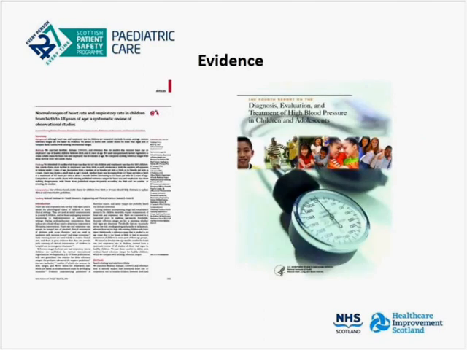We obviously need to go back to the literature, and we looked at a lot of literature. A couple of the examples would be from the Lancet in 2011 and Susanna Fleming et al., who produced a systematic review of observational studies looking at the normal ranges of heart rate and respiratory rate in children from birth to 18 years of age.